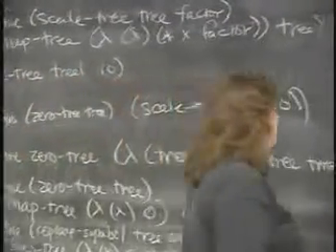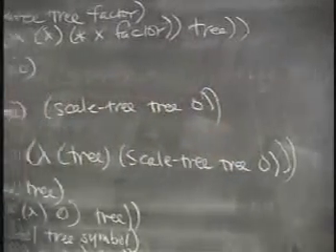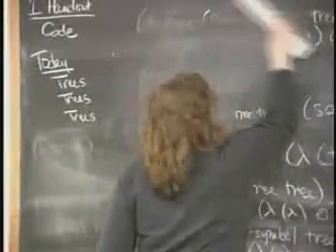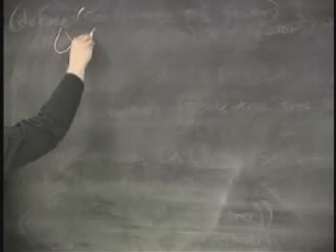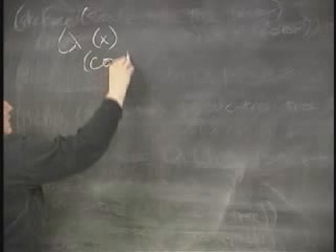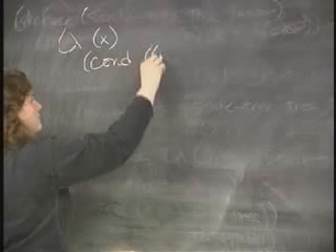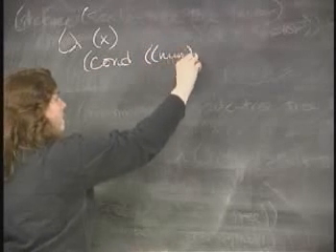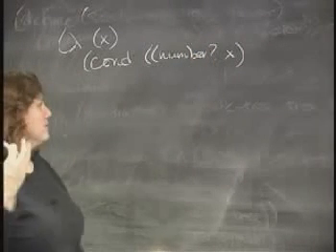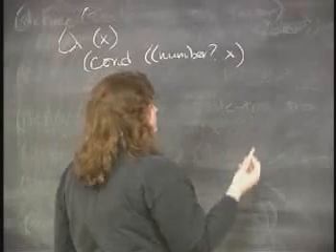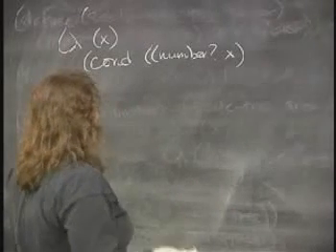So for our term, we could write something like lambda x, then we could say cond, number x, and if we have a number, then we want to do something to it.